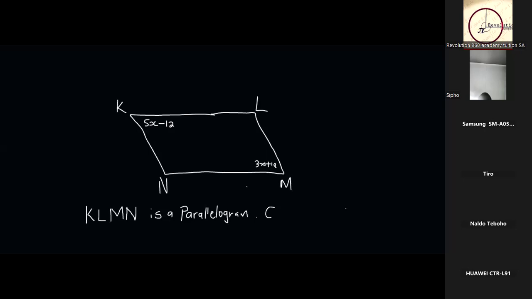Calculate the size of the interior angles. So when they want us to calculate the size of the interior angles, what's going to happen is you're gonna calculate it as follows.